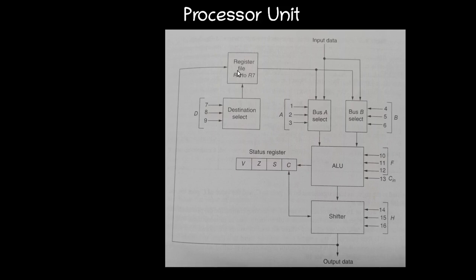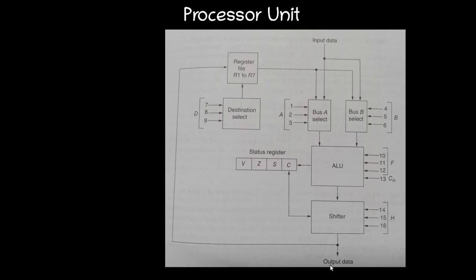Then if you want to store the output result into any one of the registers, that can be done by using this destination select. This is actually a decoder. So we have 3 select lines here. Based on these 3 select lines, we can have 8 possibilities. If we give 0 0 0 here, then no register will be selected.